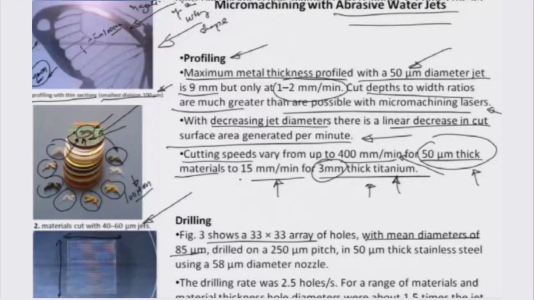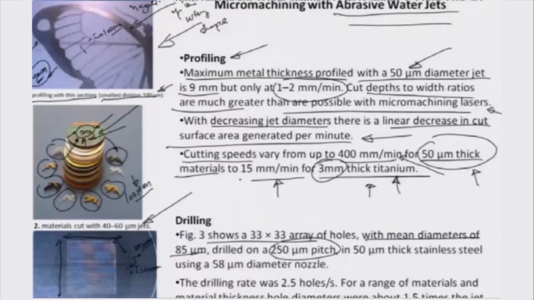Okay. And it is drilled on a 250 micrometer pitch, meaning that the distance between two such holes, this tiny hole right here and the tiny hole close by, is a spacing of about 250 microns, and each of them has a diameter of about 85 microns or so.